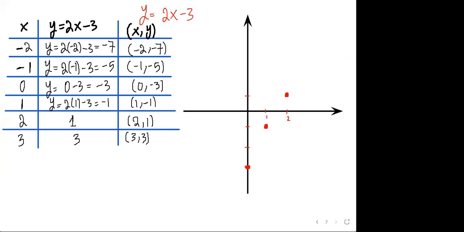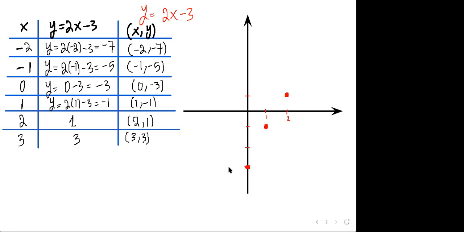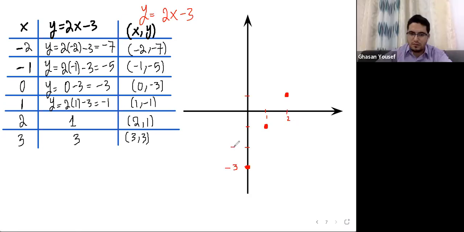The next point is 3 and 3, so I have 3 here, and 1, 2, 3, around here.